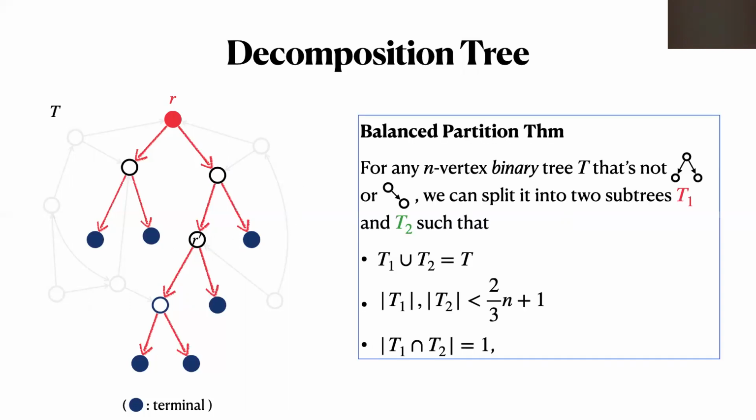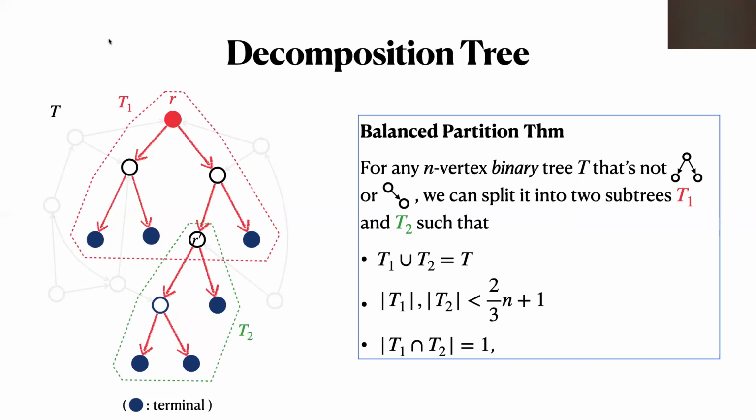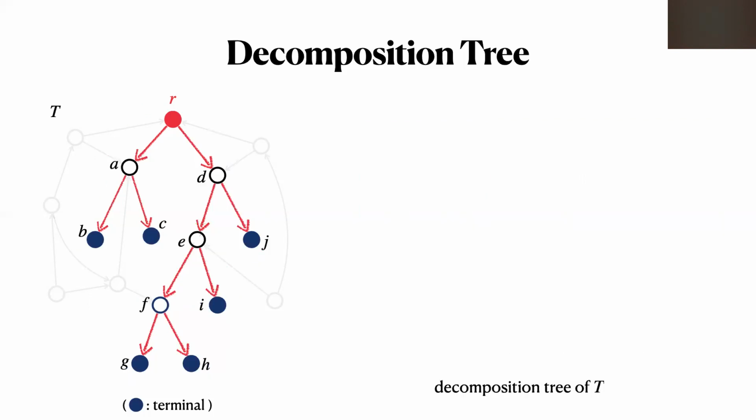This is given by the so-called balanced partition theorem. In this example, we break T into T1 and T2, and they intersect only on this vertex R prime. We can recursively apply the balanced partition theorem until every subtree is small enough.